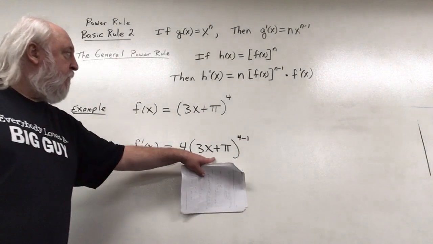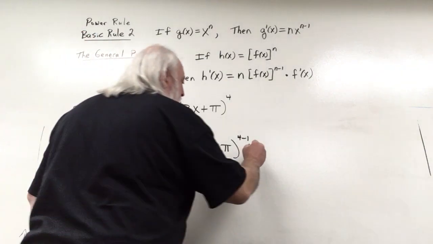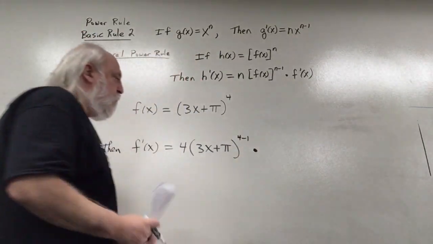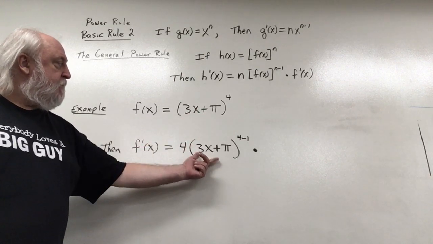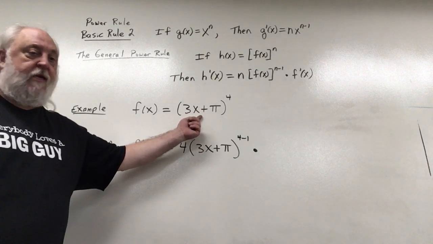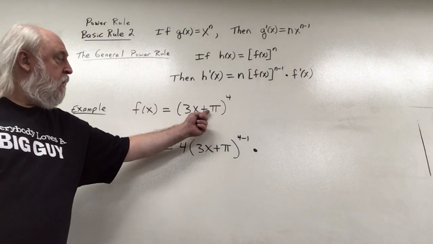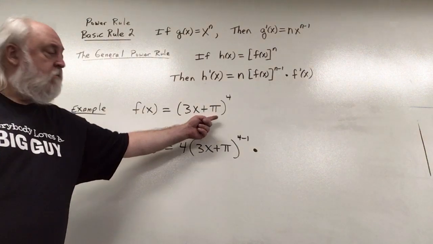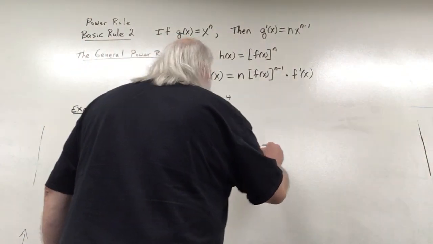But because what's in parentheses is not just x, we have to multiply all this by the derivative of what's inside the parentheses. The derivative of 3x is 3, and pi is a constant, 3.141, and the derivative of a constant is 0. So the derivative of 3x plus pi is just 3.